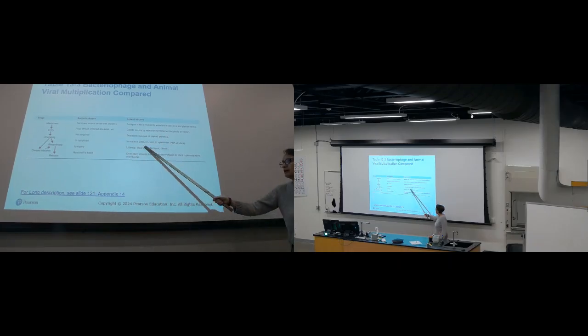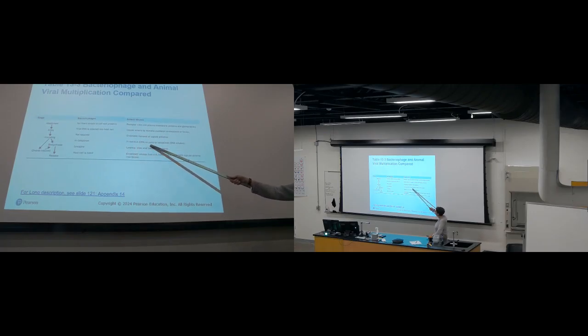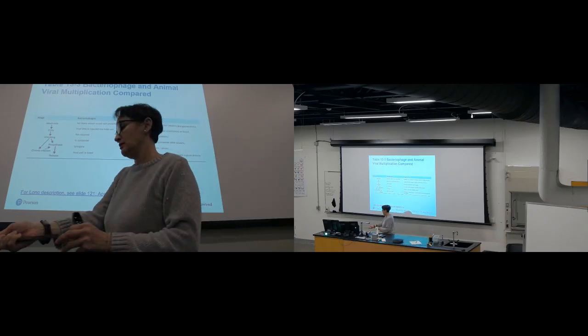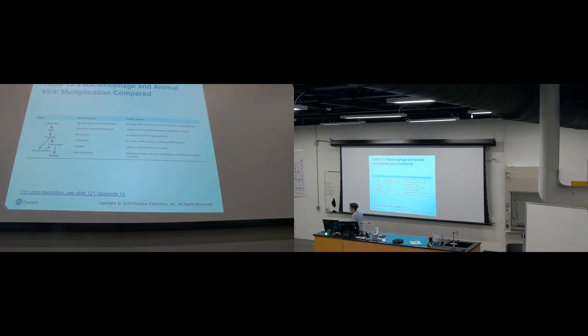Now, before we move on into this other part, why do DNA viruses have to replicate in the nucleus in animal cells? Why can they not multiply or undergo biosynthesis, why can they not replicate in the cytoplasm, DNA viruses?